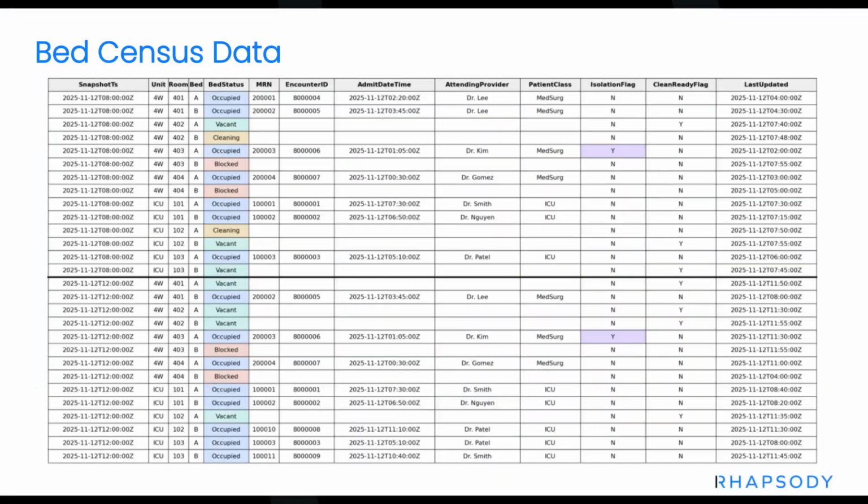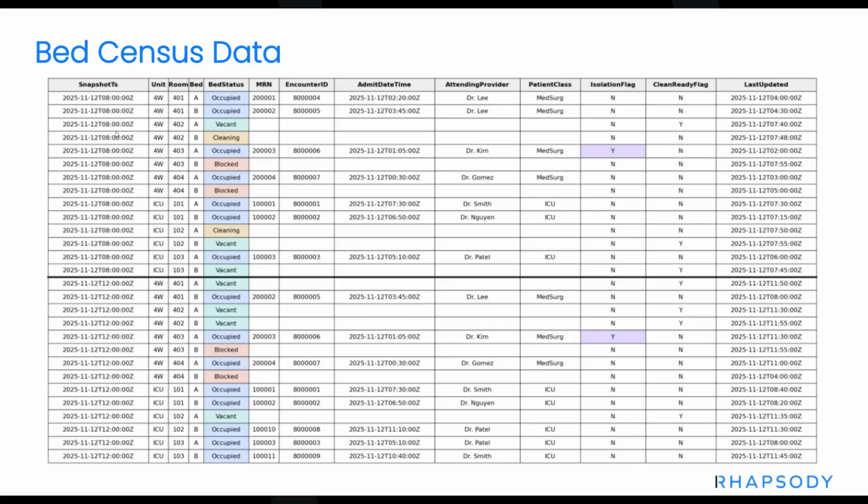This is the data. I'm not going to focus on it too much because for everyone's scenario, this might be different. The way this one was built, this is the data that the engine has access to. Just to orient ourselves, each row is a bed and its status at a given snapshot, a given point in time. That snapshot timestamp is here in the far left.